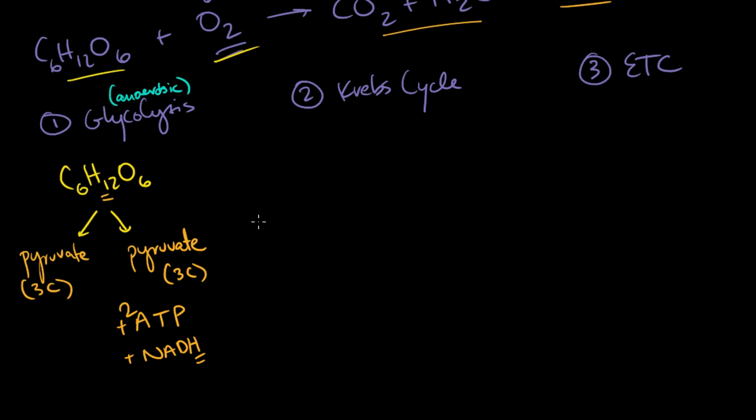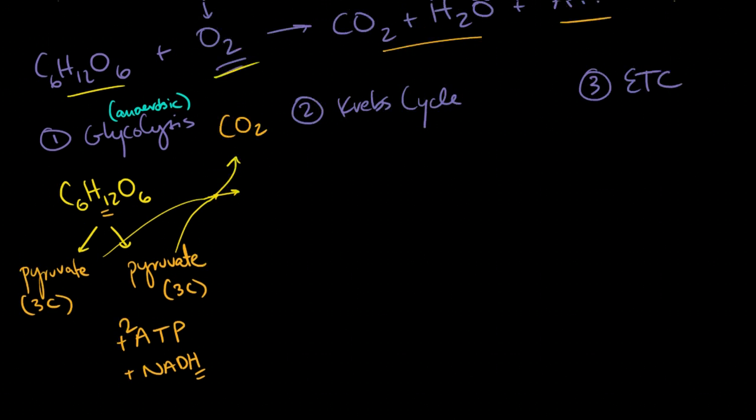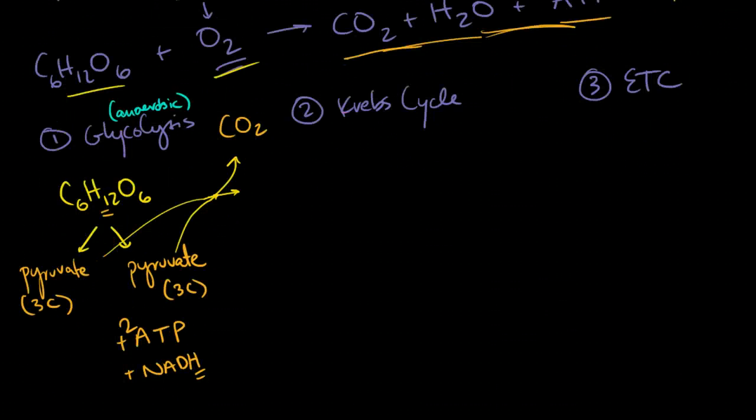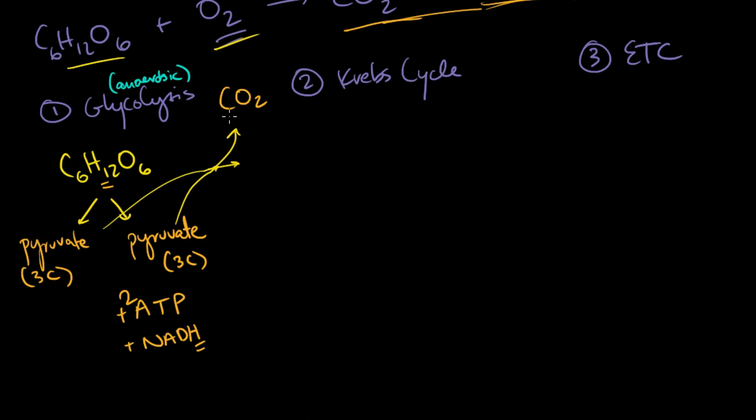Some of the carbons, hydrogens, and oxygens travel with each of the pyruvates into the Krebs cycle. But on their way to the Krebs cycle they give off carbon dioxide as one of our products. We give off 1 carbon of the 3 for each of the pyruvates.